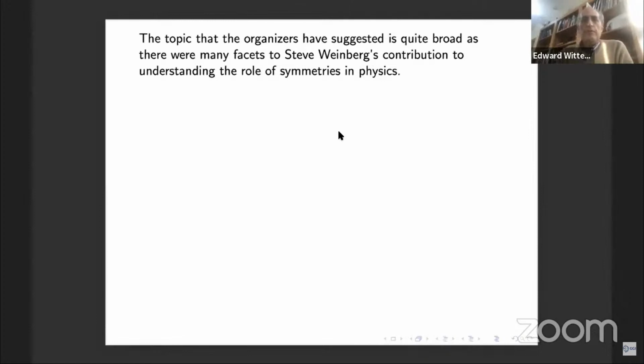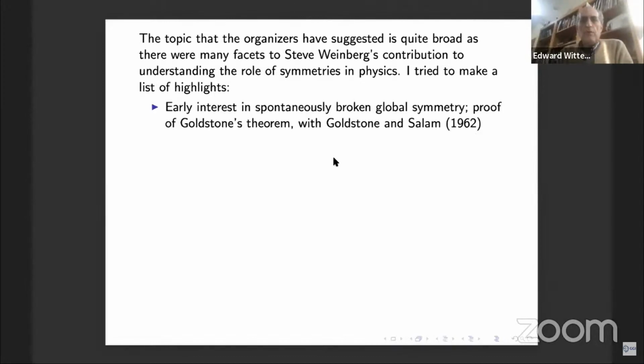This topic is extremely broad, as there were so many facets to Steve Weinberg's contributions to understanding the role of symmetries in physics. I tried to make a list of highlights, most of which we've heard at least a little bit about from the first two talks. There was his early interest in spontaneously broken global symmetry, with several proofs of Goldstone's theorem, or as they called it, Goldstone's conjecture, with Goldstone and Salam.